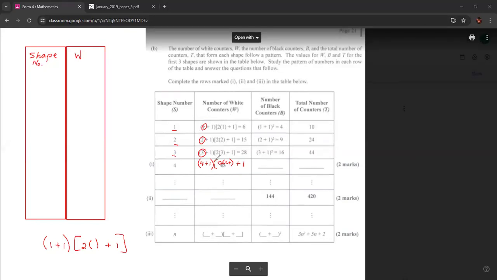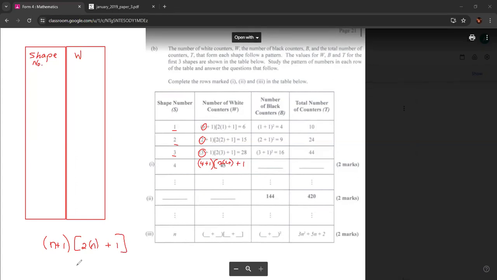What we are seeing is that the first number is changing with respect to your figure number. If my figure number is n, that first number is n plus 1 because 1 remained constant. And then it was 2 times the figure number, so 2 times n, and then we add 1.